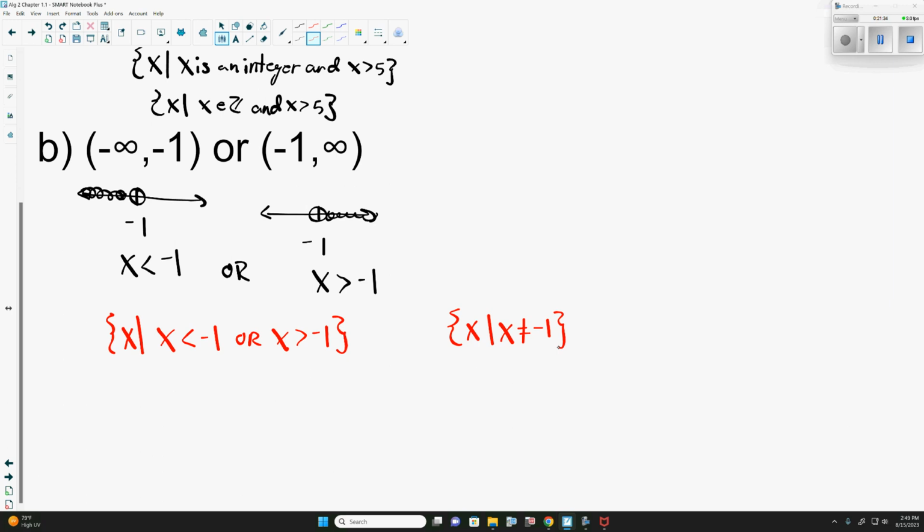These are saying the exact same thing. Sometimes that can be confusing, but they are saying the same thing. Question on this here?